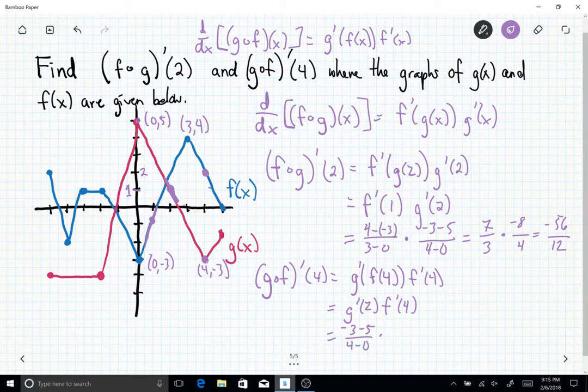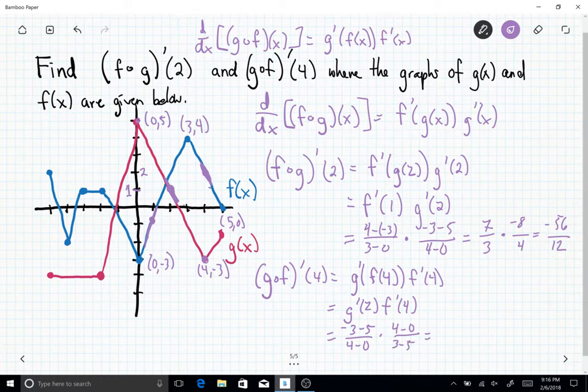And then f prime of 4, what's happening here? So we have to look, okay, what's the slope of this line going right here? Well, notice we have the point (5, 0), and we have the point (3, 4). So we can use both those points. We can do 4 minus 0 all over 3 minus 5.